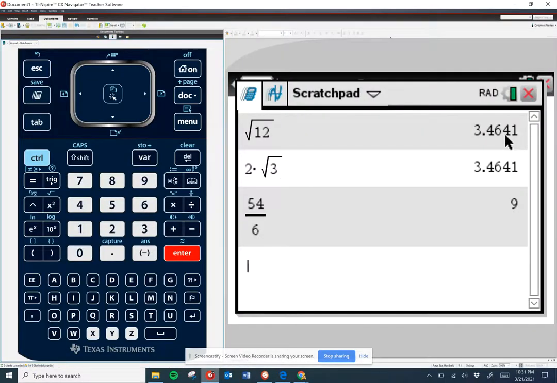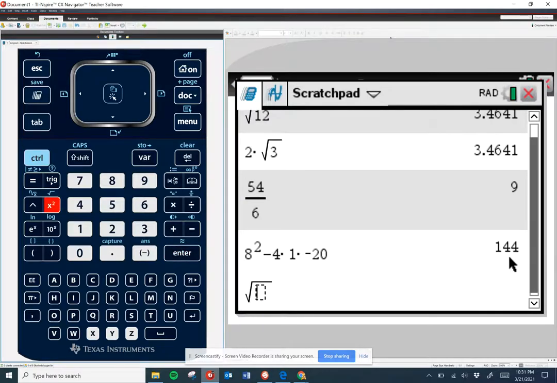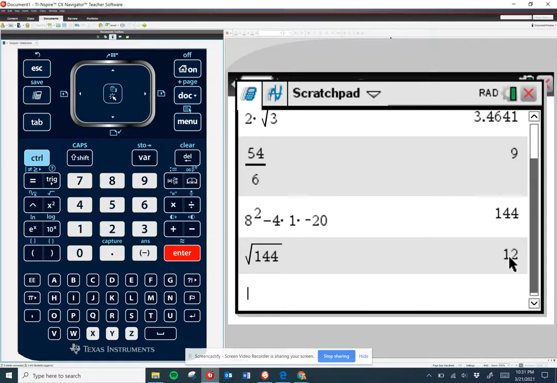So here we have 8 in parentheses squared on the outside minus 4 times 1 times negative 20. Okay, after we get that, we're going to take the square root of it. Okay, the square root of 144, and we get 12.